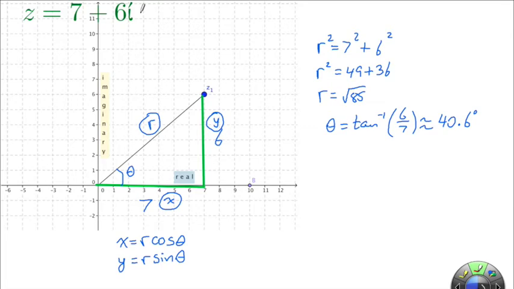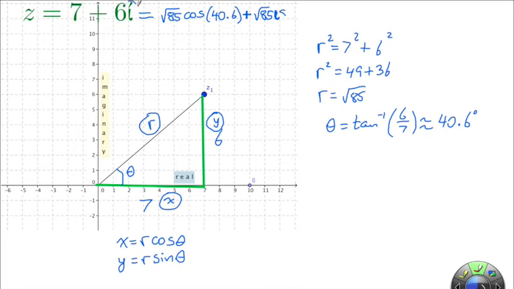So we can take this and separate it as the radius, which is the square root of 85, cosine of the angle, which is 40.6, and that would represent 7. Then we have plus the 6i, and that's going to get represented by the radius, square root of 85, times, and don't forget, I almost forgot, there's that i that I always forget about.